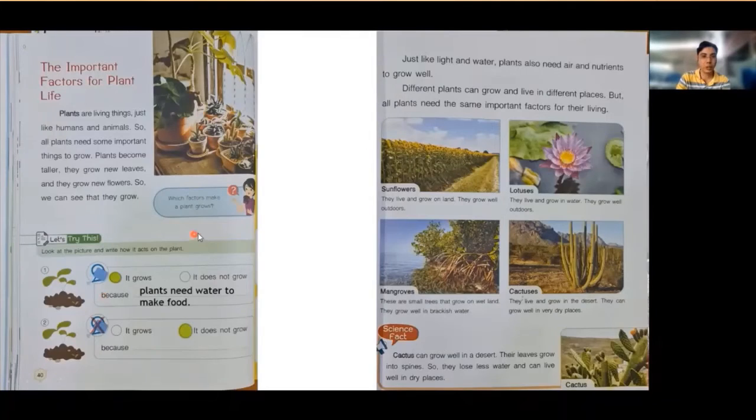It cannot survive. See, plants need water to make food for it to survive. Now we can go to the next page.